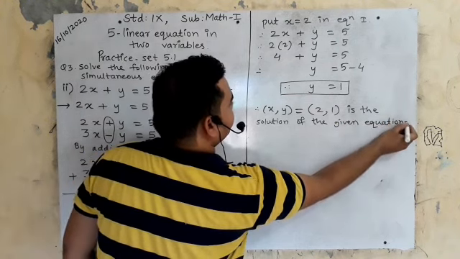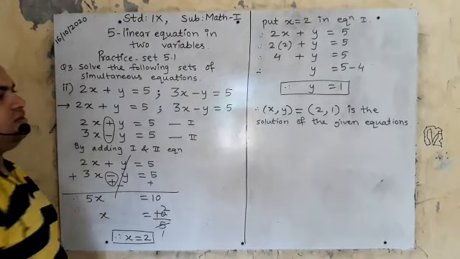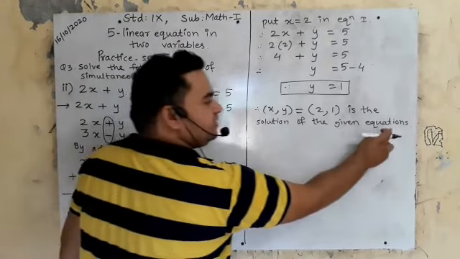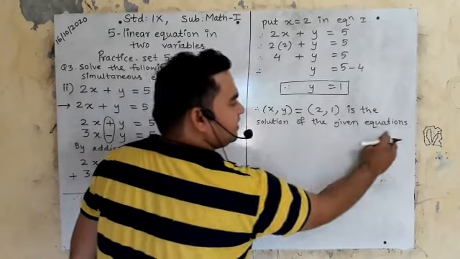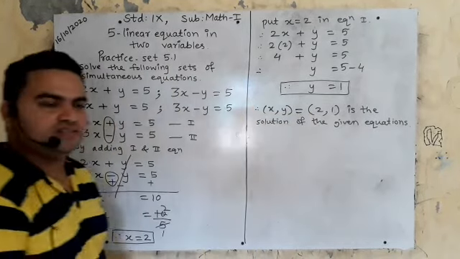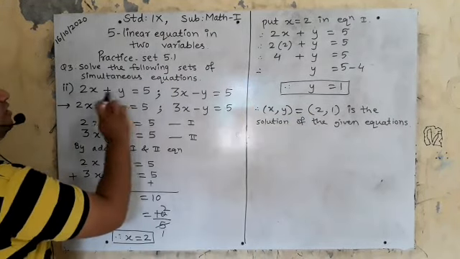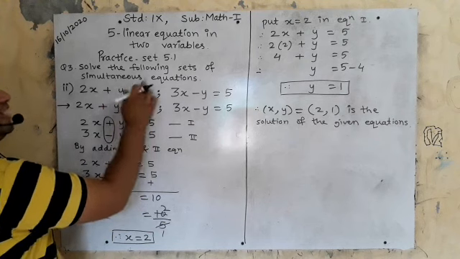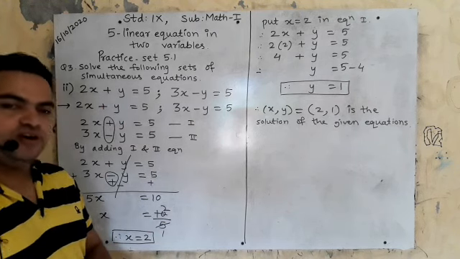Two equations are there, right? Okay, of the given equations. I have written equation in the first question, so please make a correction. It should be equations. Okay, because there are two linear equations with two variables, therefore it is called simultaneous equations. Okay, I hope you understood here.